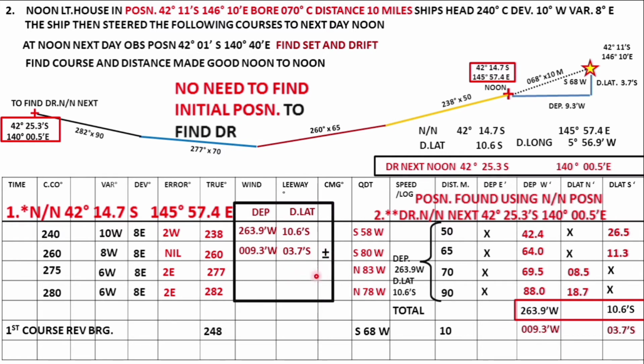That's why I put plus minus here. And find out your total DLAT and departure right from the lighthouse itself. Though you have not done this course, you have used this bearing as the first course.